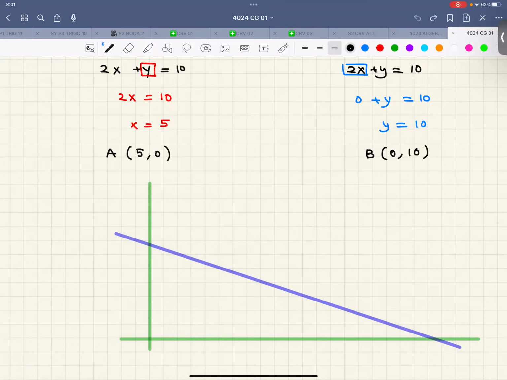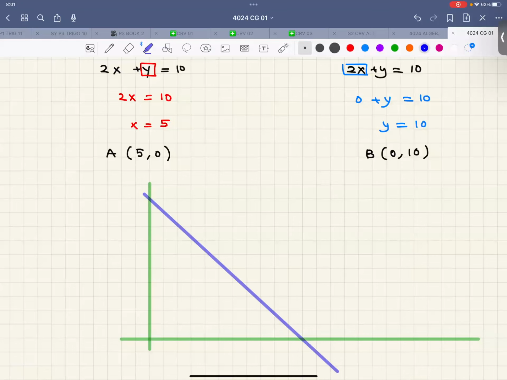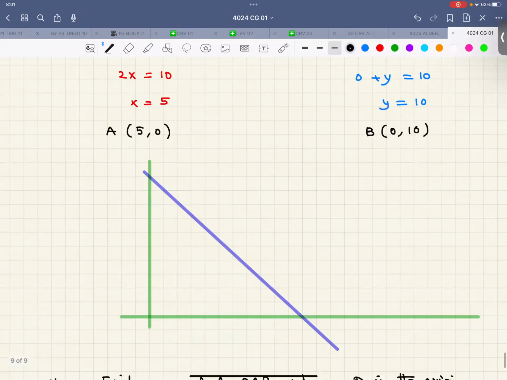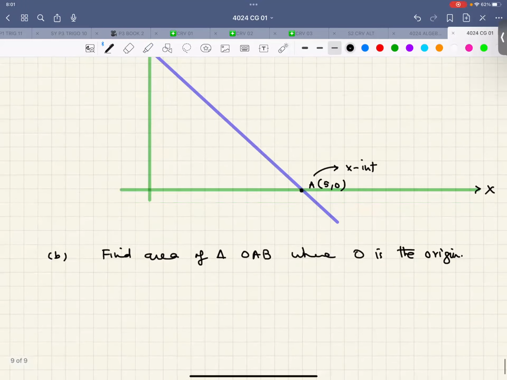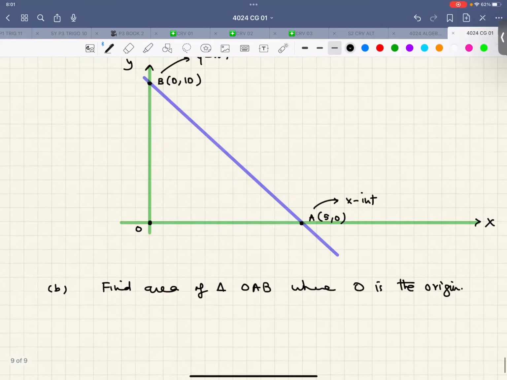Actually, it's the other way around, the y coordinate is bigger. So let me go like this. A is (5, 0), B is (0, 10). A is the x-intercept, B is the y-intercept. Where the x and y-axes meet, that is the origin.